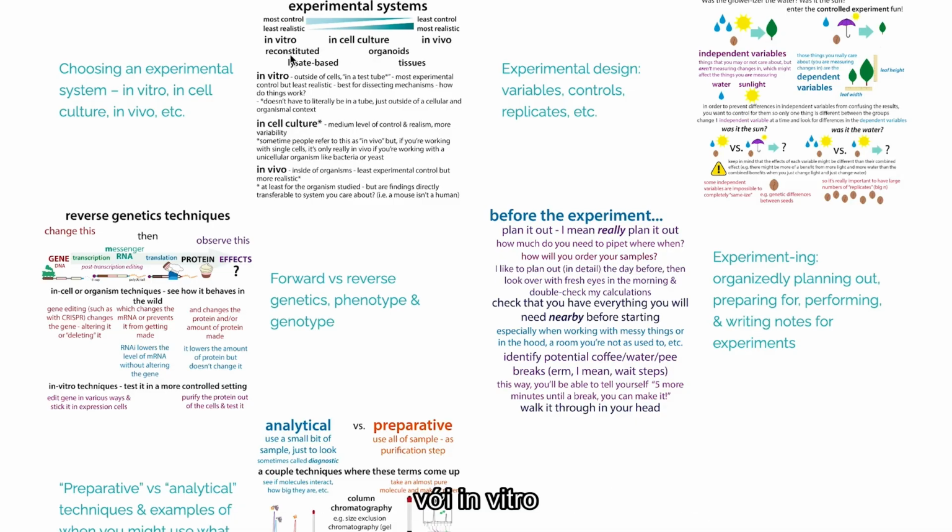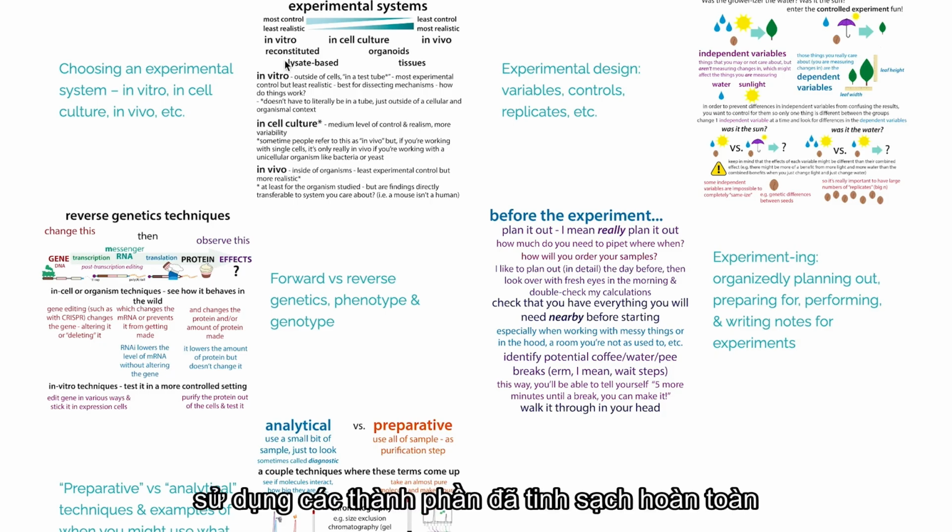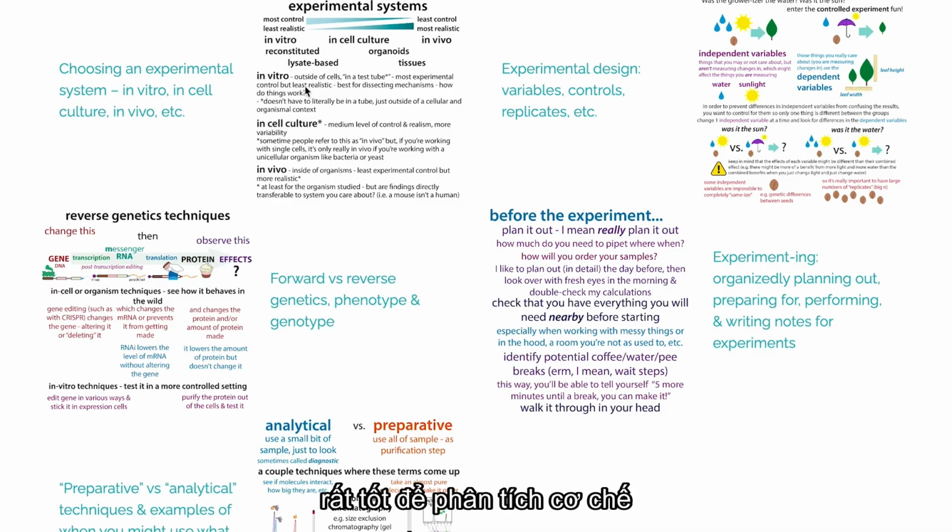So with in vitro, you can have things super reconstituted. So you're using totally purified components, which is really great for dissecting mechanisms. So like, how do things work? But you can be missing components that you don't even know that you're missing. And so you might get a less accurate idea. But if you have a good idea of what's going on already, this is really good for that fine dissection of what's happening at the molecular level.